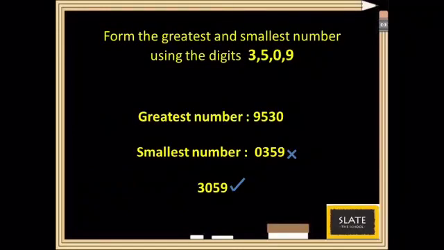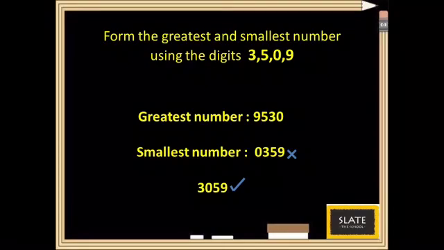Form the greatest and smallest numbers using the digits 3, 5, 0, 9. Here, the greatest number is 9530. The smallest number will be 0, 3, 5, 9. Is it correct? No, it is wrong. The smallest number formed will be 3059.